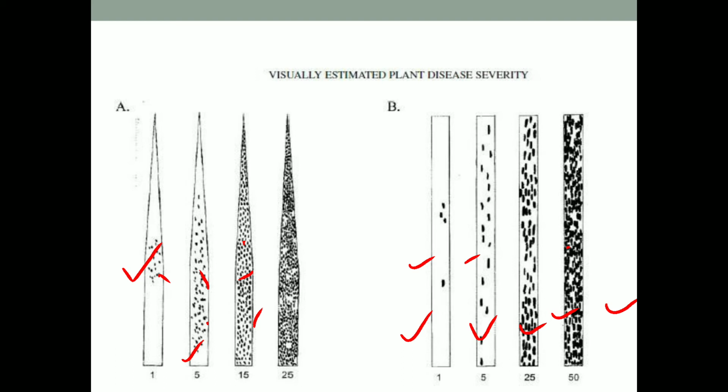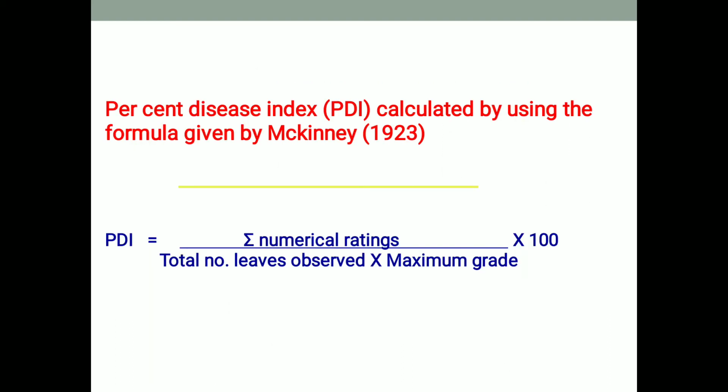So in the next example we discuss how we have to calculate the disease severity. So plant disease severity or percent disease index is calculated by using the formula, that is PDI is equal to summation of numerical ratings divided by total number of leaves observed into maximum grade into 100.